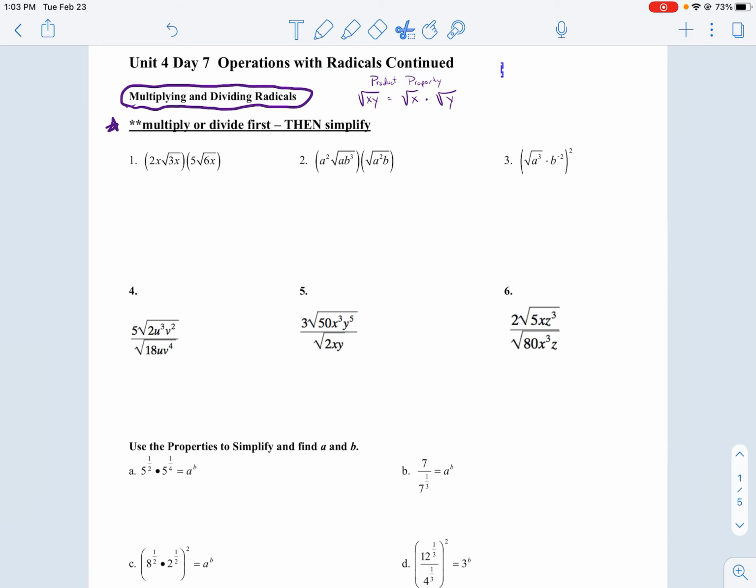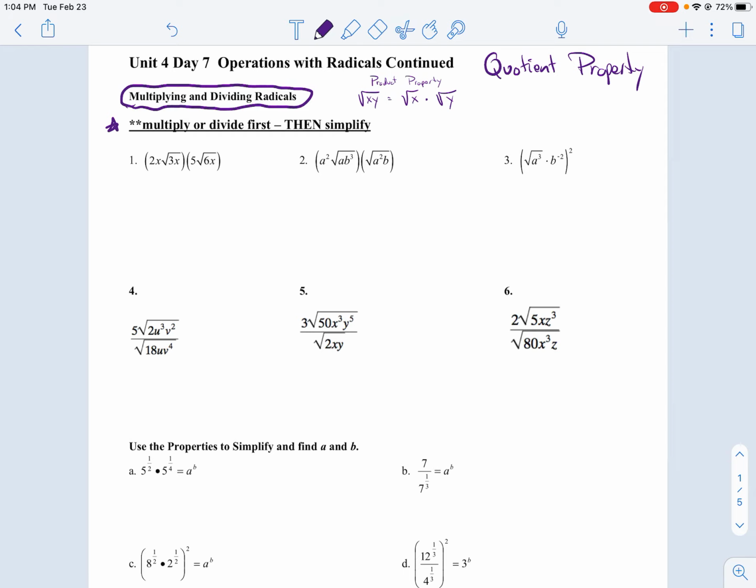The other property is the quotient property.